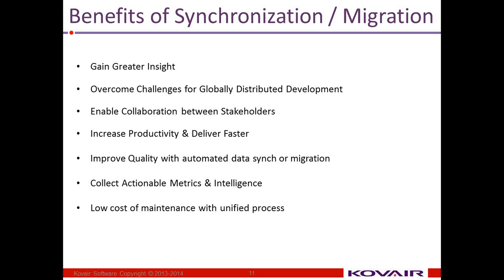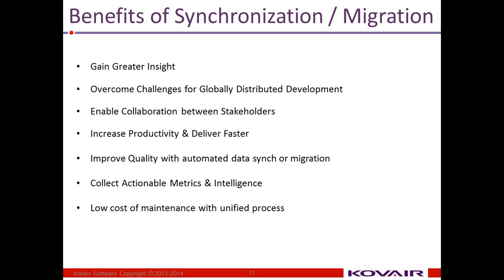Third one, enabling collaboration between different stakeholders. So you are now in a position to answer the question like, how do I see my tasks and work items from within my tool, update my progress, status, and finally, how and when we can complete those.